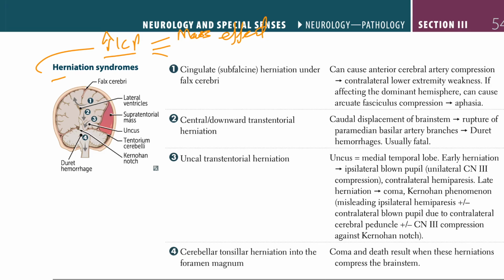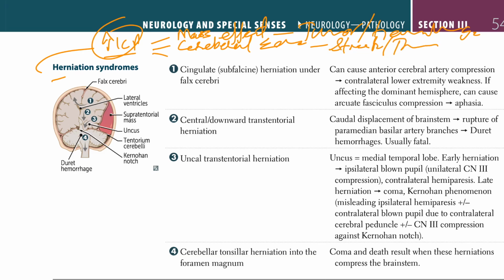Mass effect can lead to increase in ICP, and will develop due to a tumor or due to hemorrhage. The second thing you can think about is cerebral edema, and that edema could develop due to either stroke or trauma. And lastly, if you have hydrocephalus, you're increasing the ICP.